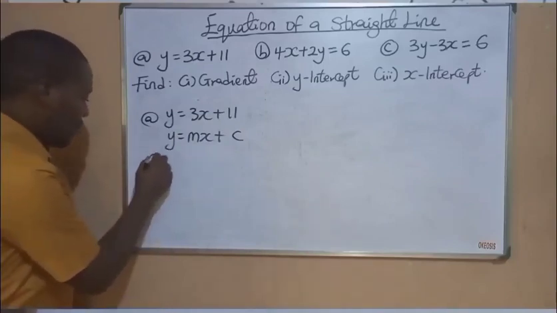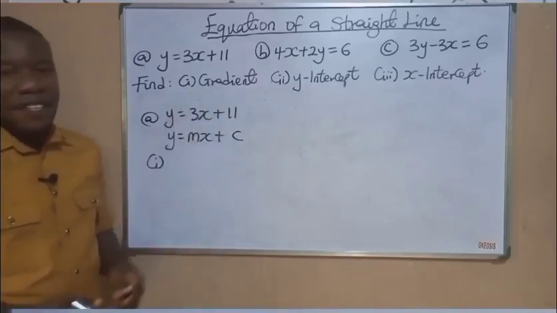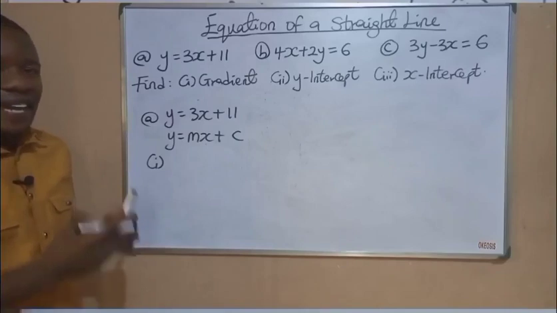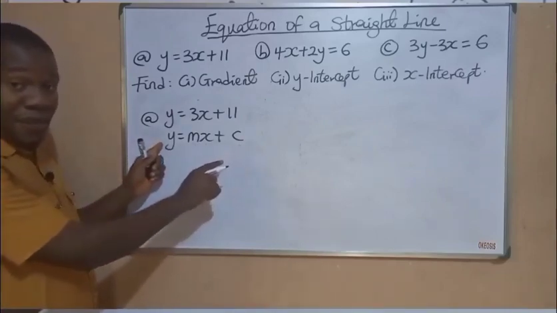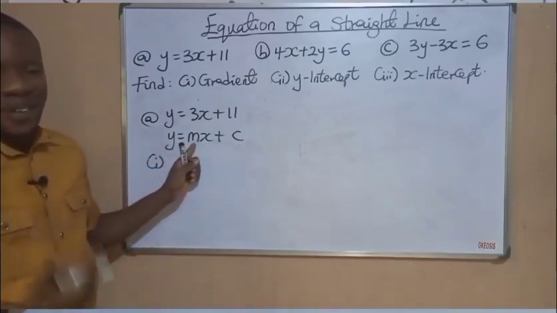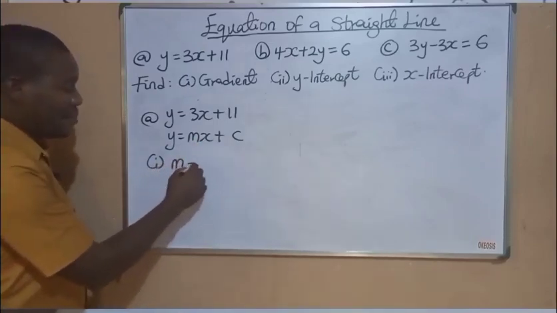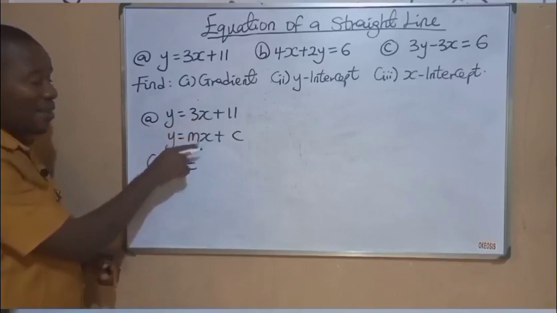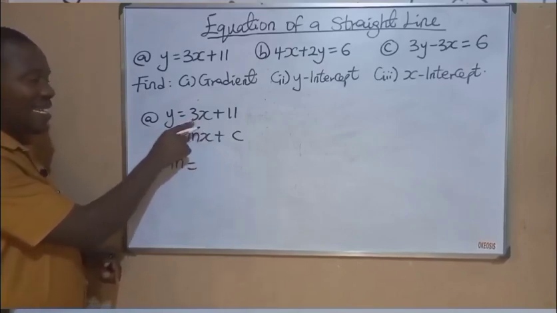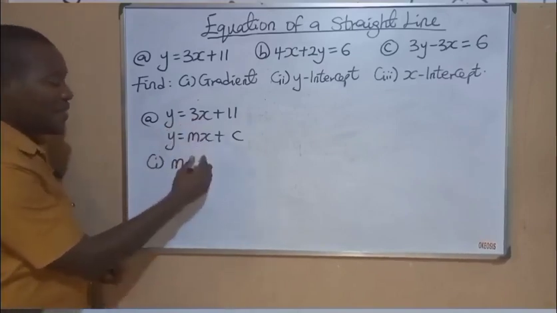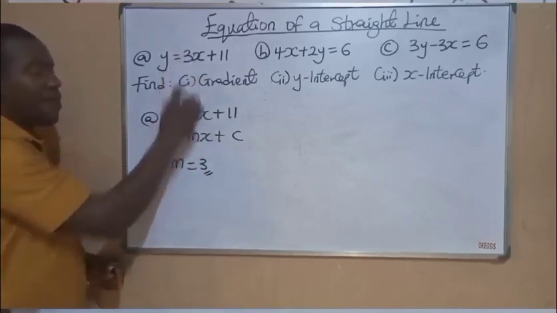The first thing we are asked to find is the gradient. By definition, we said gradient is the m in this formula, and the m is the coefficient of x. So when we compare, we will see that our gradient, which is m, is 3, because m is the coefficient of x and 3 is equally the coefficient of x. So our gradient is 3 for this particular equation.